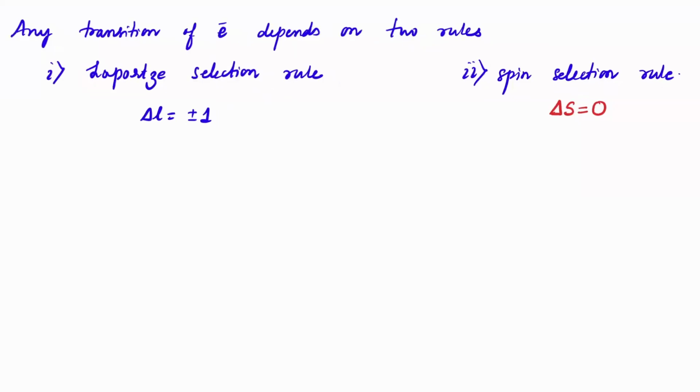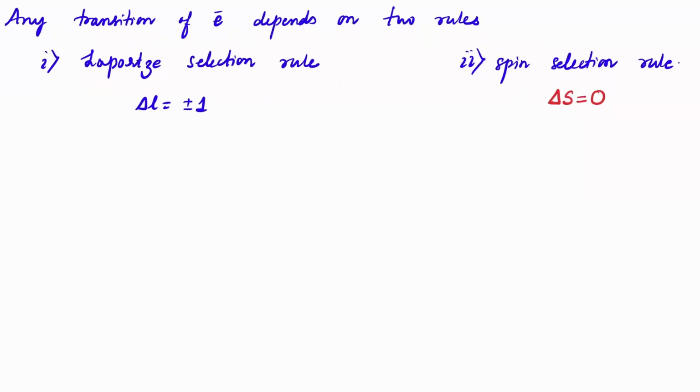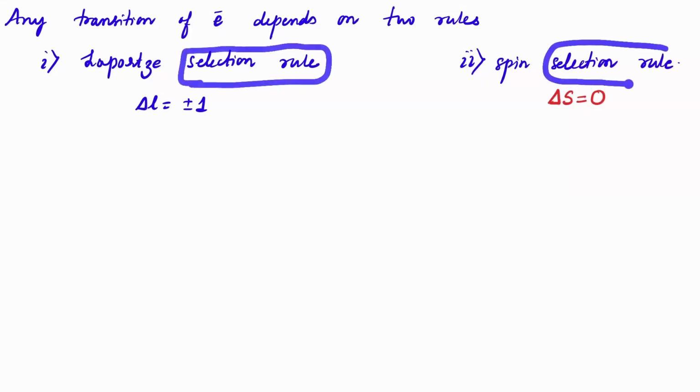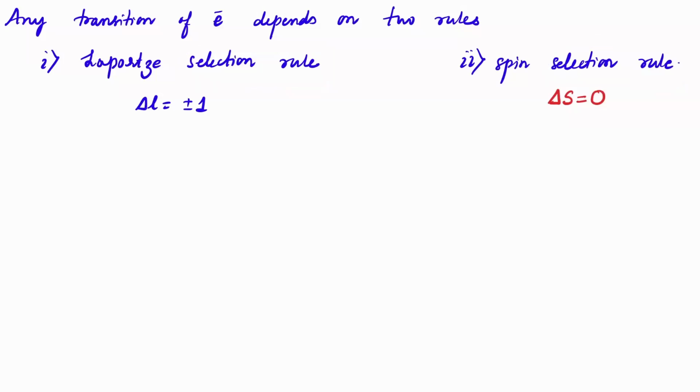According to the theory, if the selection rule is followed during the excitation or de-excitation of electrons, then complexes which follow the selection rule will always be more intense and brilliant.